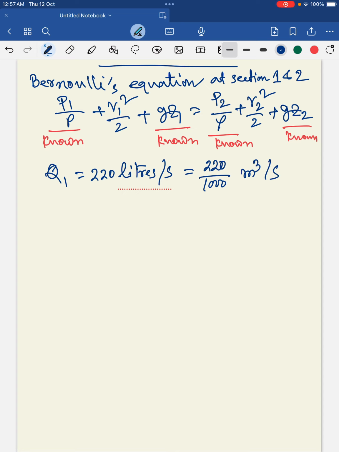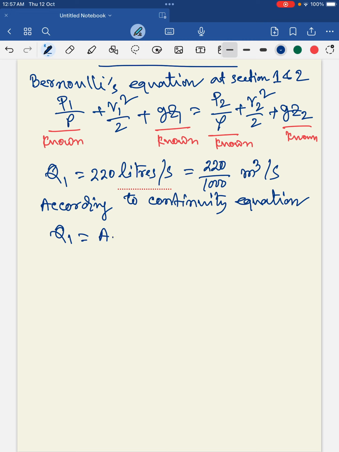Now according to the continuity equation, Q1 is A1 V1. Q1 is known, and A1 is also known because D1 is given, 50 centimeters. We convert that to meters, 50 by 100, that is 0.5 meter. Now we can easily calculate V1.